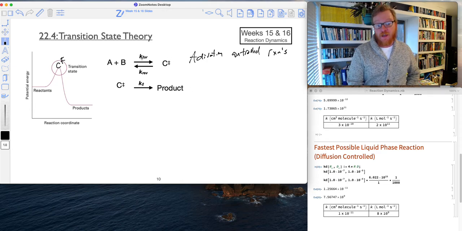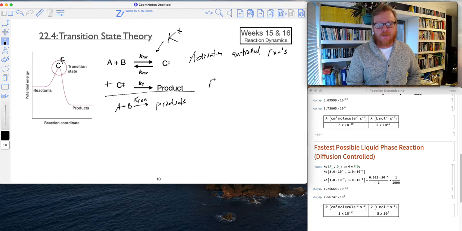And then there's some equilibrium constant here. We'll write that equilibrium constant as big K double dagger. Okay. And if we were to balance this reaction overall, as we've been doing, this would just appear as a second order reaction, A plus B goes to products with rate constant k reaction.